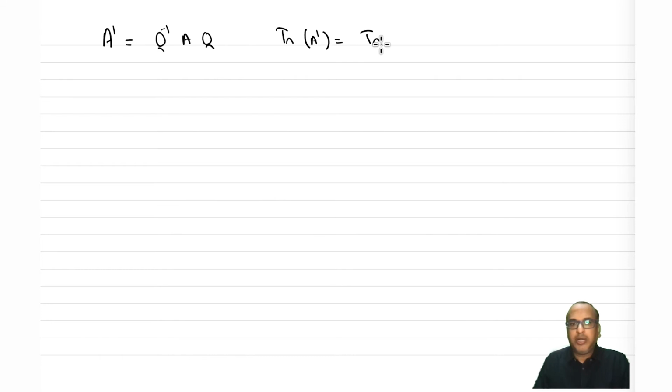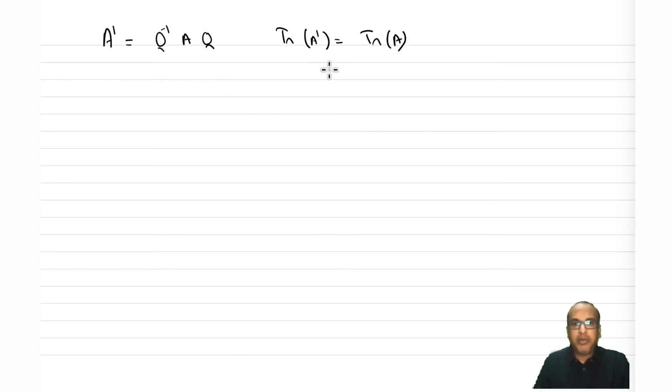So now let us try to prove the thing which we wanted to start with, that similarity transformation does not change the trace. So trace of A prime is equal to trace of A. Now this is very straightforward.